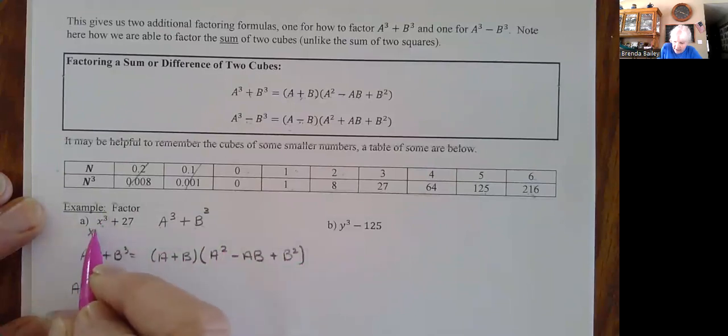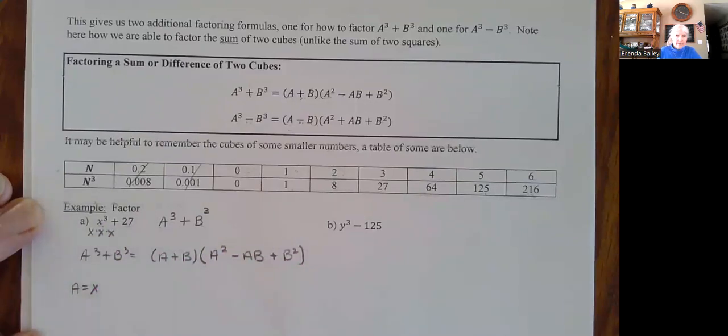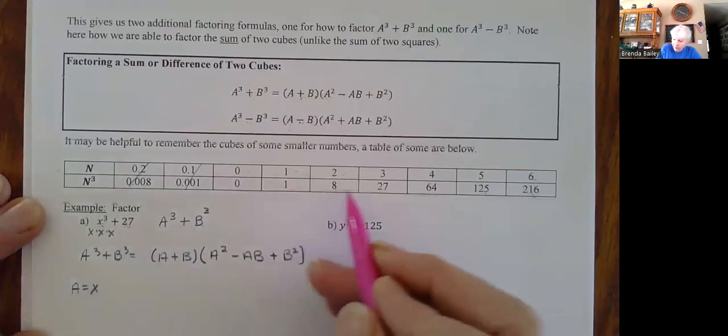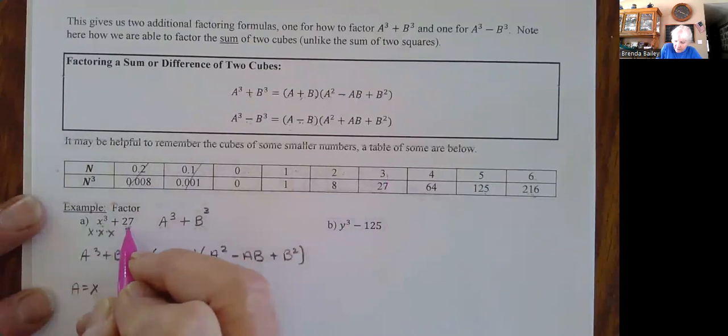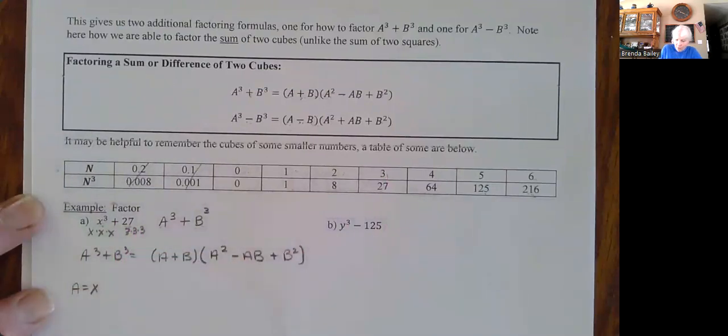Well, x times x times x gives you x cubed. So the a in the formula is x. You're cubing the x to get this. What three numbers are you multiplying to get 27? 3. 3 times 3 is 9 times 3 is 27. So in your formula, the b is a 3.